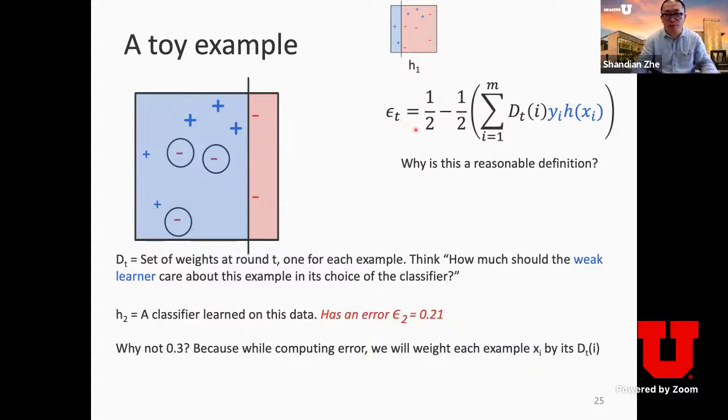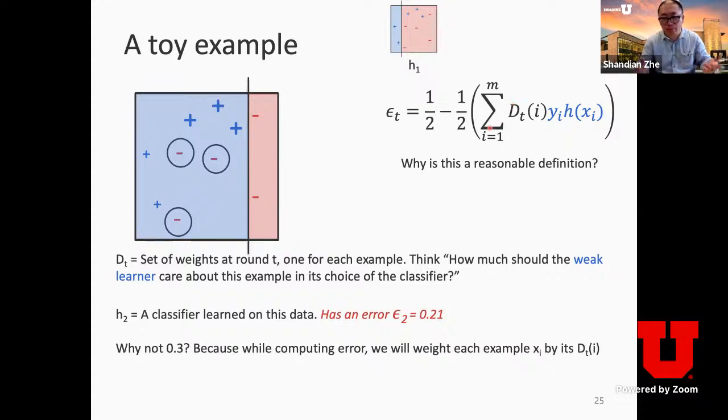So epsilon t is computed by subtracting half times a summation over all the training examples, where each summand is the weight of the training example, multiplied with the product between the ground truth label and the predicted label. Okay.